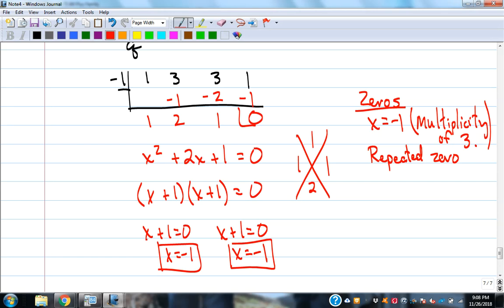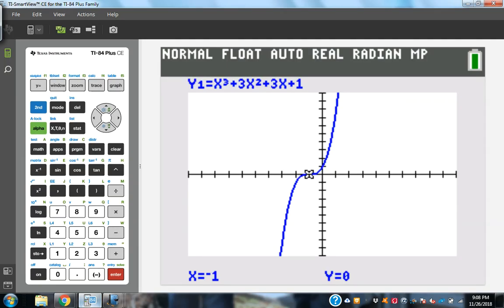Clues to know that something has a multiplicity of more than one are found when you look at the graph. Notice how this one, if I clear that off, notice how it's kind of flat right there when it crosses the x-axis. That's a clue that something special is happening.